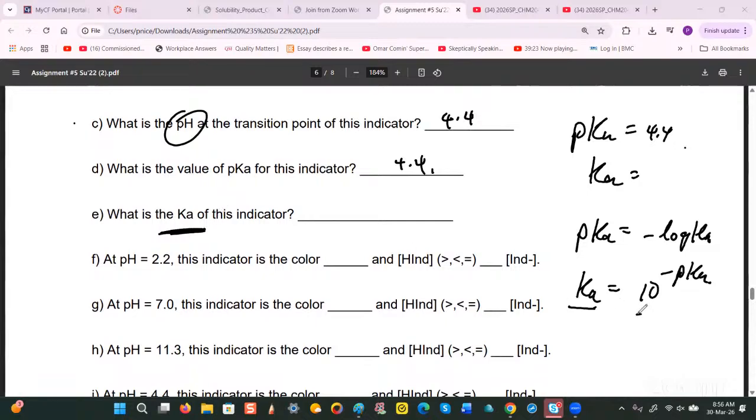That would be 10 to the minus pKa, which is 4.4, which is equal to, okay, according to my calculation, 4 times 10 to the minus 5. That would be the Ka value.